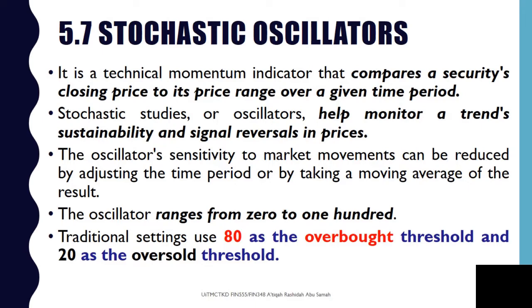The oscillator's sensitivity to market movements can be reduced by adjusting the time period or by taking a moving average of the result. The oscillator ranges from 0 to 100. The traditional settings use 80 as overbought, while 20 as oversold.